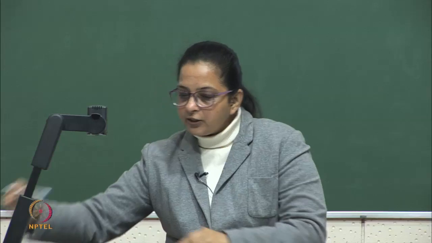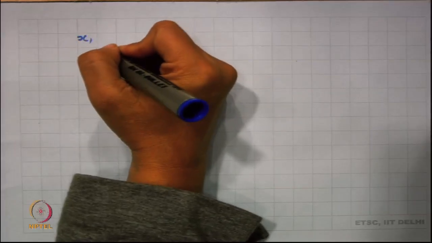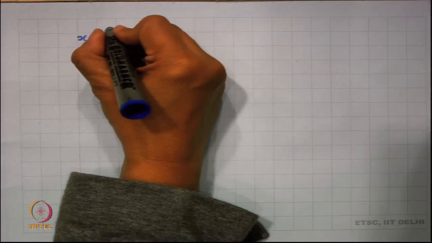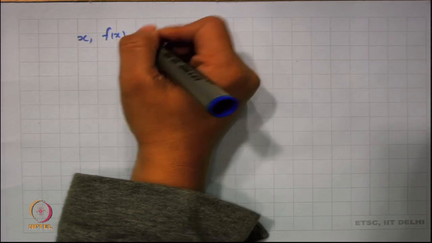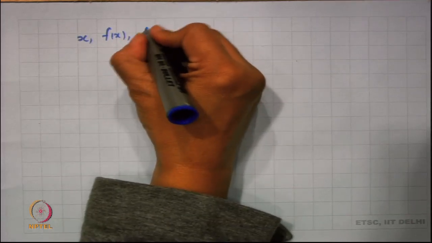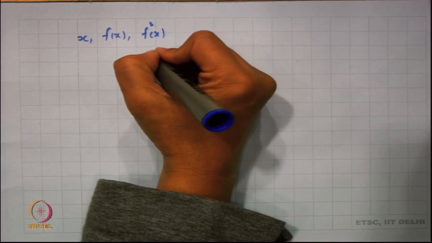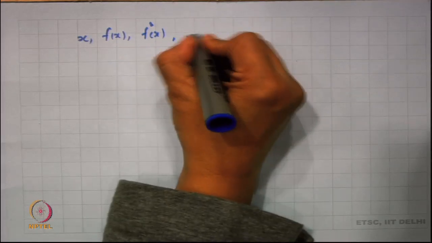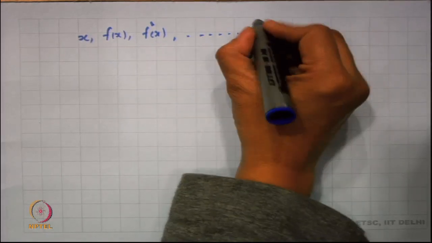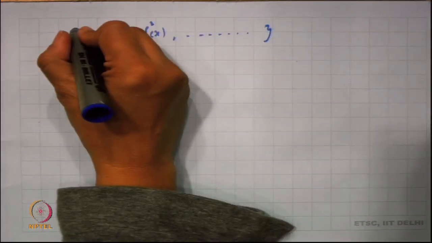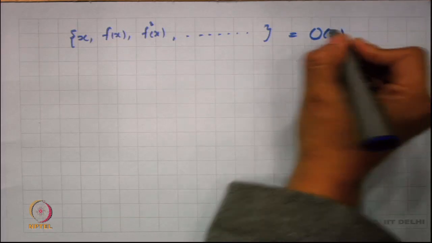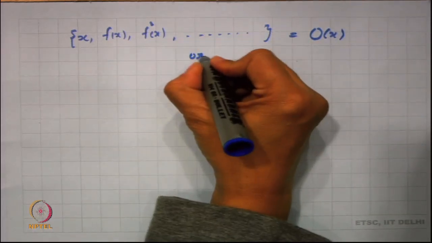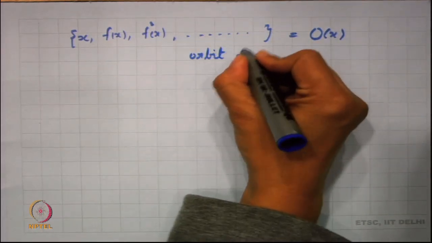You start with a point x; under the action of f, x moves to f(x), then again under the action of f, it moves to f^2(x), that is the iteration of f with itself, and so on. The sequence of these points is what is called the orbit of x, which we denote as O(x).